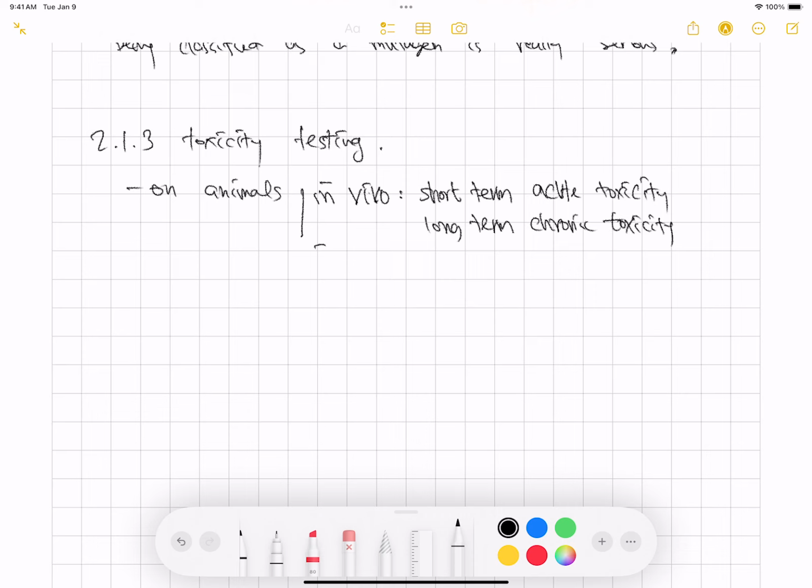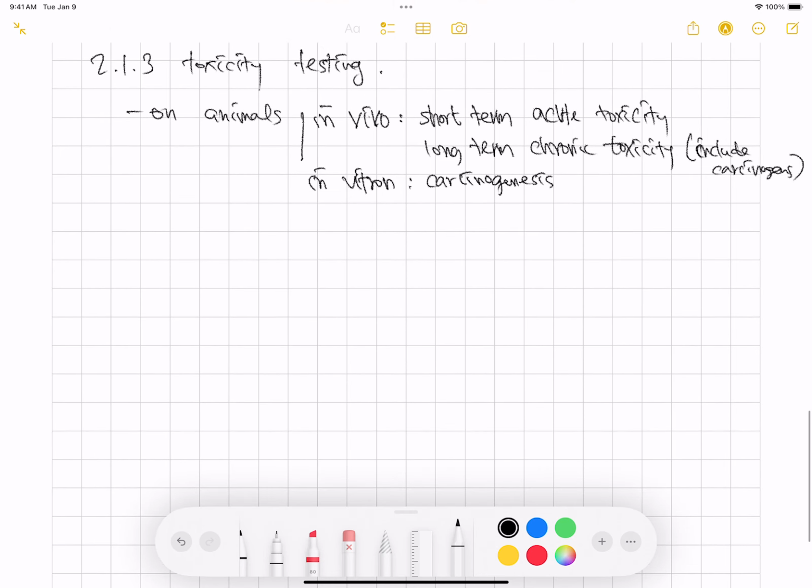And sometimes the experiments are done in vitro with cells, right? Such as carcinogenesis, which is done in in vitro experiments. Long-term chronic toxicity includes carcinogenicity.